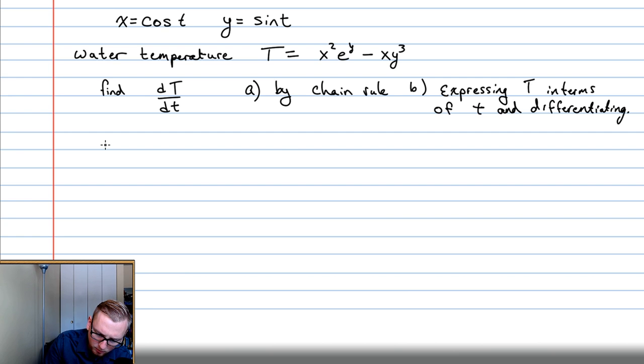Okay. So we've got T. And we want to do the chain rule. How do we do the chain rule?